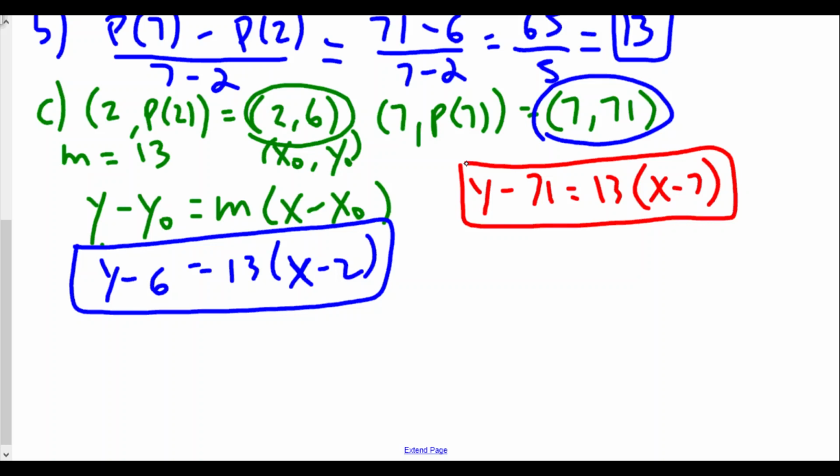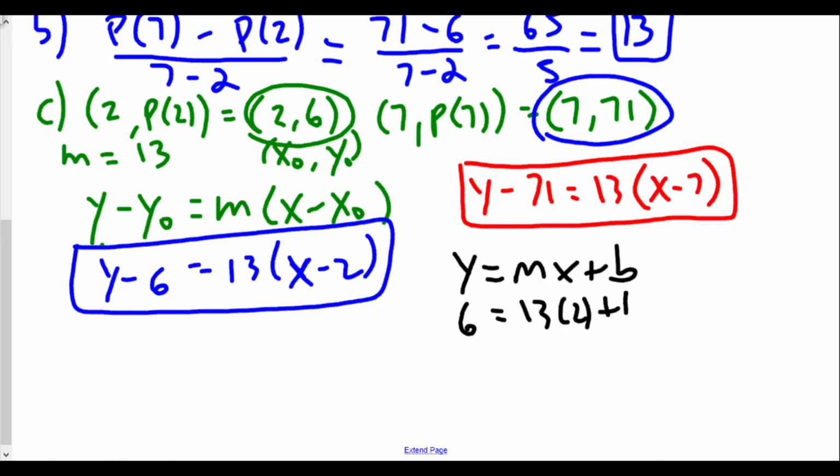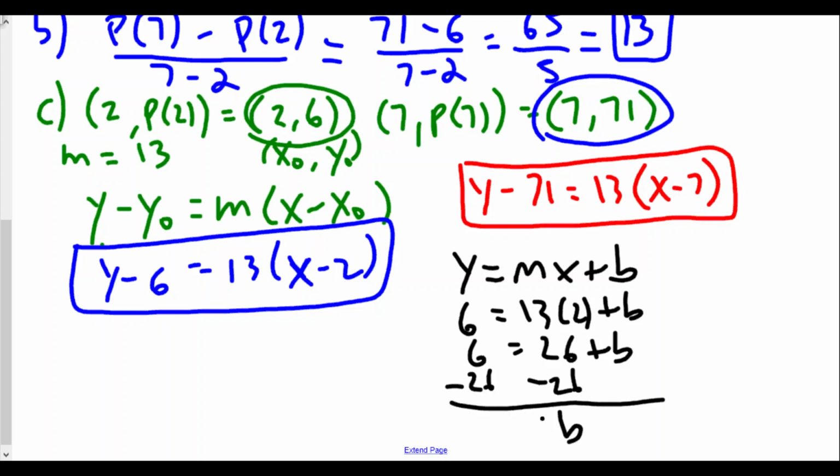Now, let's say, for example, we want to use the slope-intercept form. The slope-intercept form would mean, in this case, that we would use y equals mx plus b. And you would use one of the coordinates like 2, 6. And so we'd have 6 is equal to 13 times 2 plus b, or 6 equals 26 plus b, subtracting 26 on both sides. b is equal to negative 20.